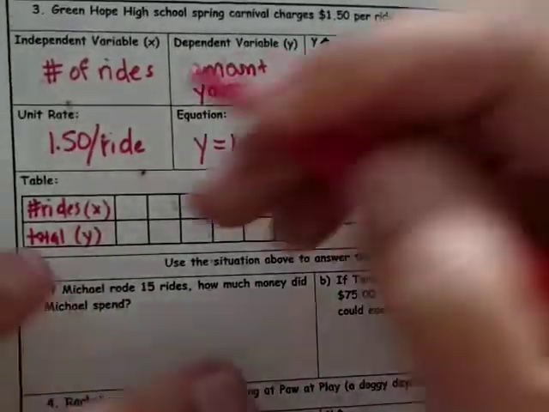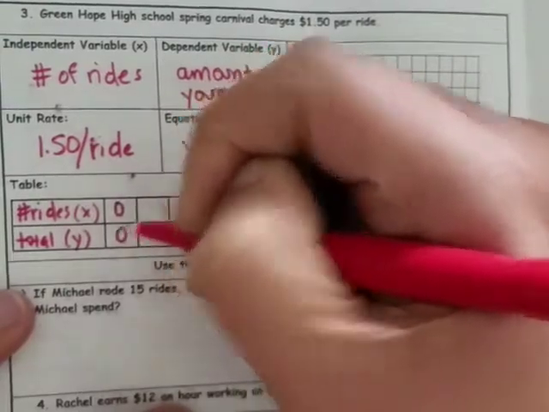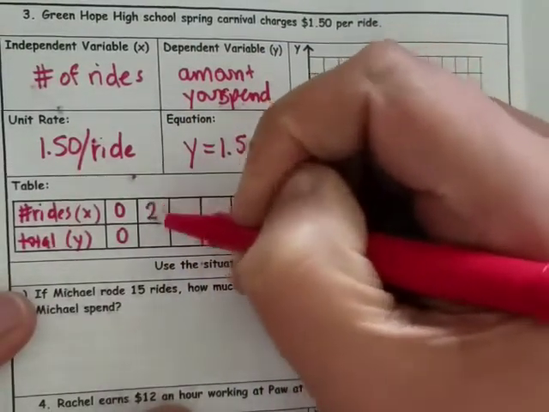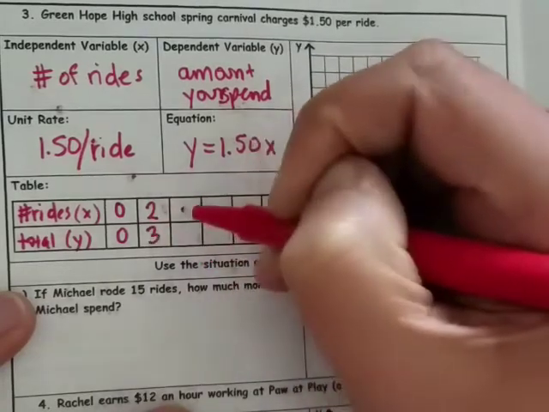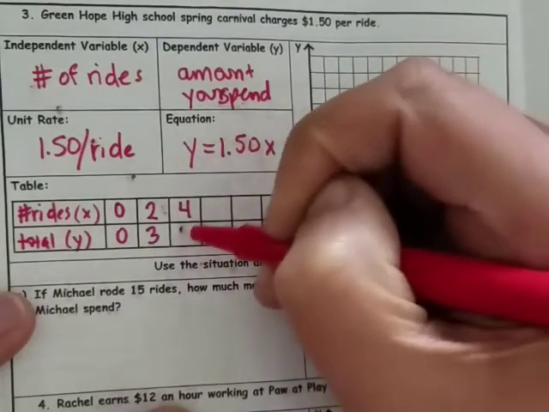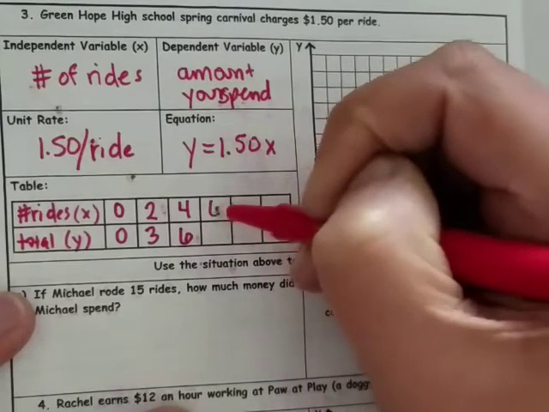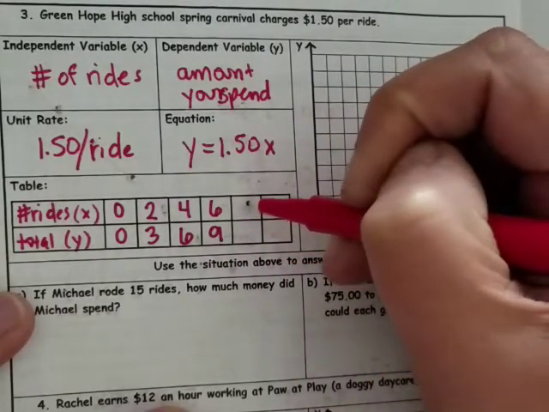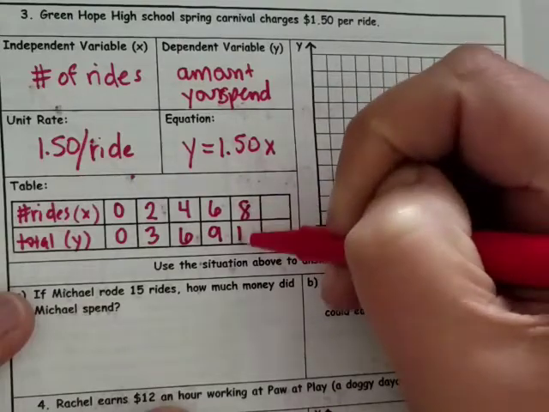All right, so if we do 0 rides, it's going to cost us $0. If we do, let's do 2 rides just to make a nice whole number. 2 rides is $3. 4 rides is going to be $6. 6 rides is going to be $9. 8 rides is going to be $12.